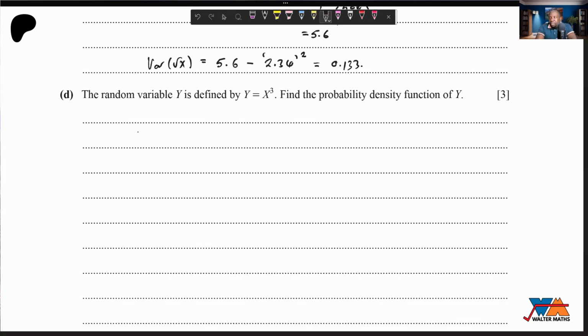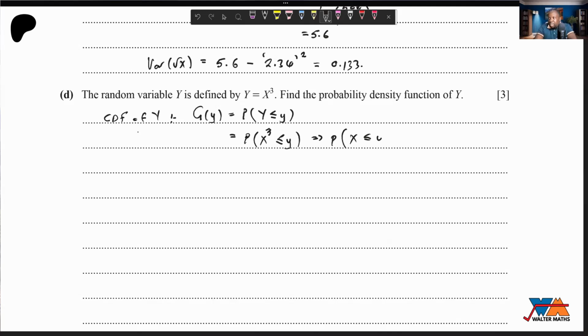All right, we're going to start by finding the CDF of y, let's just call that G of y, which is the probability that y is less than or equal to small y, which is the probability that x cubed is less than or equal to y, which is the same as the probability that x is less than or equal to the cube root of y.